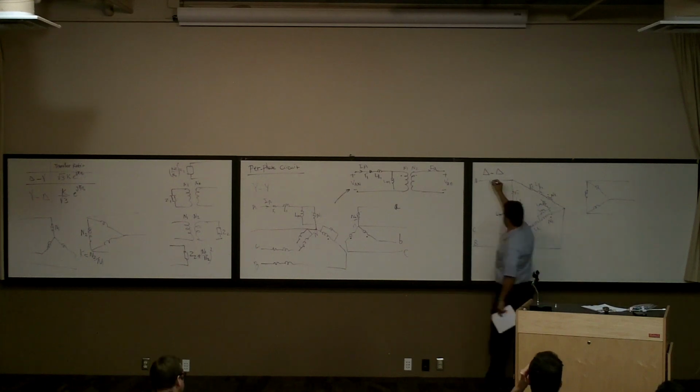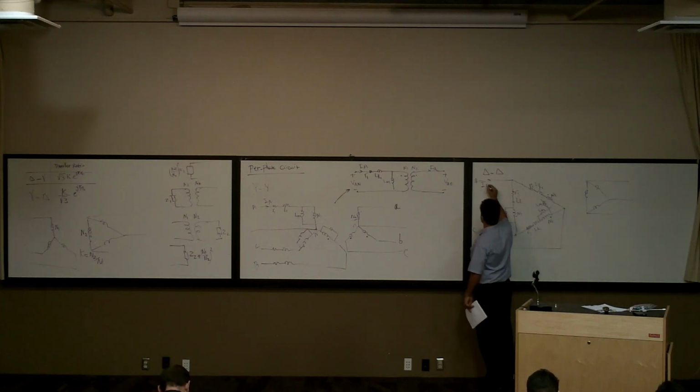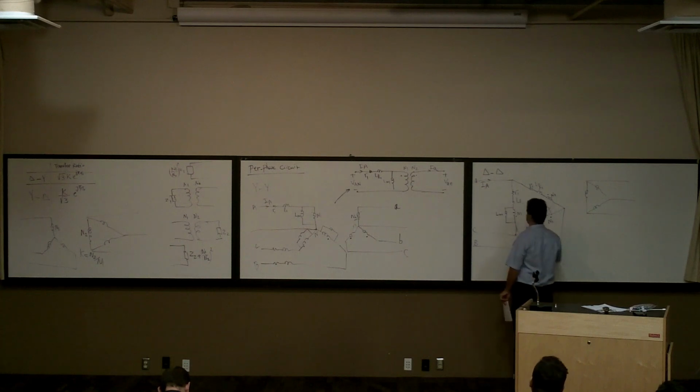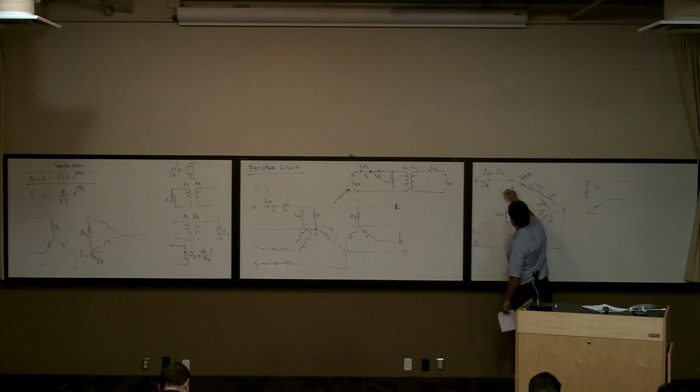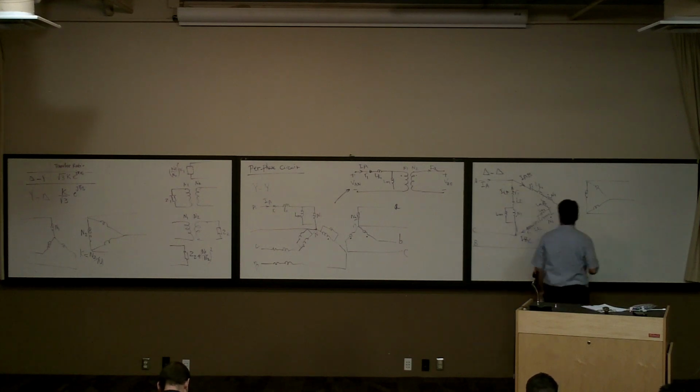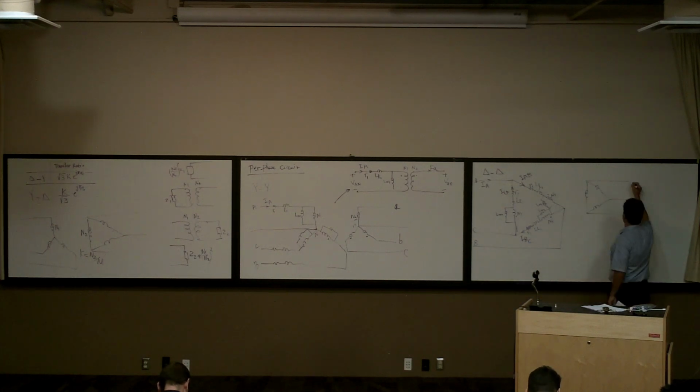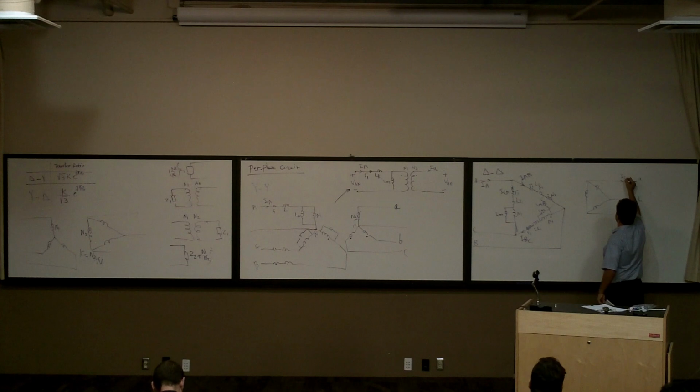This is the IA, right? And this is the IAB, and this is the IBC, and this is the ICA, right? Now, this is the A, B, and C. This is the IA, IB, IC.